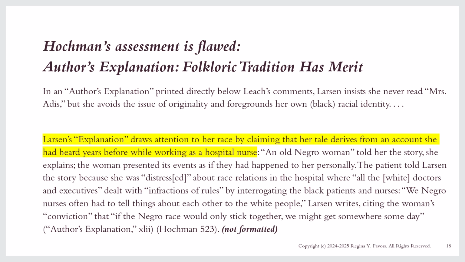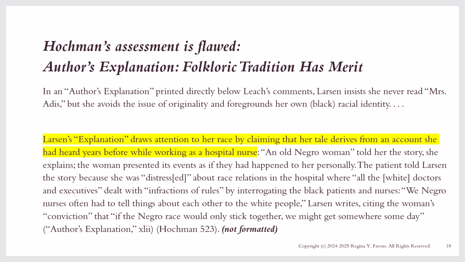The patient told Larsen the story because she was distressed about race relations in a hospital where all the white doctors and executives dealt with infractions of rules by interrogating the black patients and nurses. We Negro nurses often had to tell things about each other to the white people, Larsen writes, citing the woman's conviction that if the Negro race would only stick together, we might get somewhere someday. So that's her author's explanation.